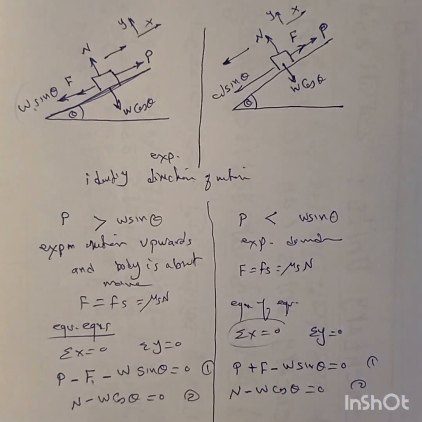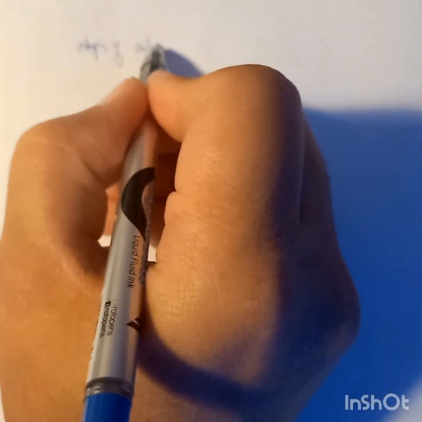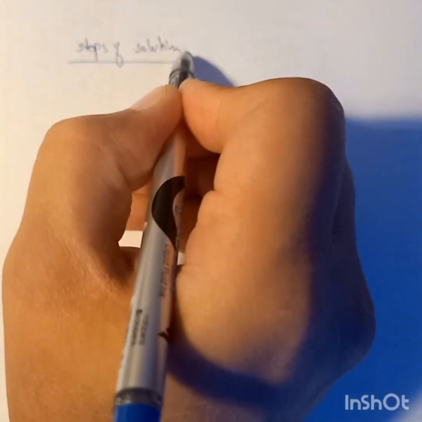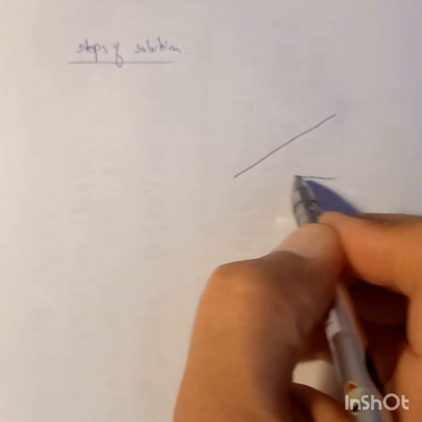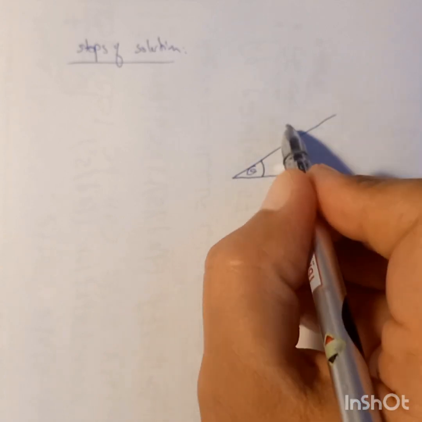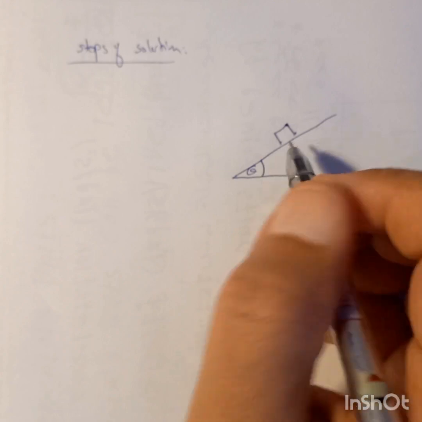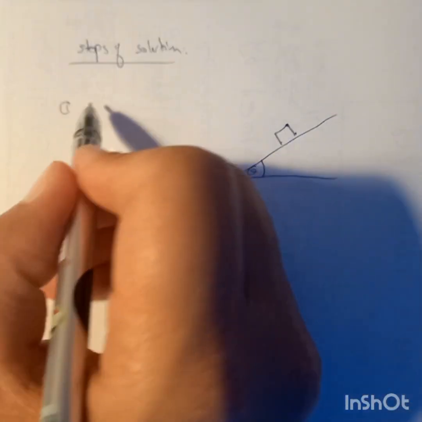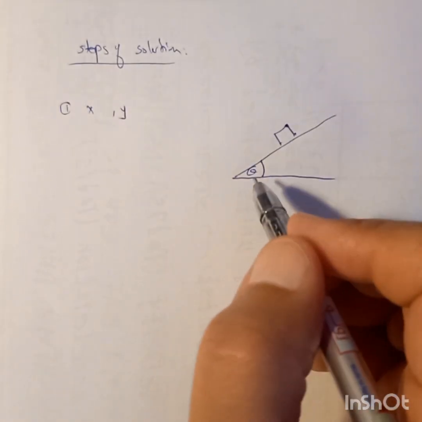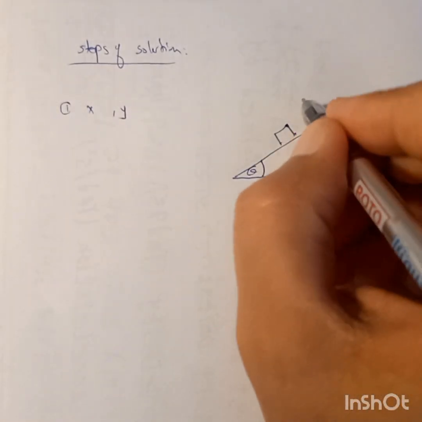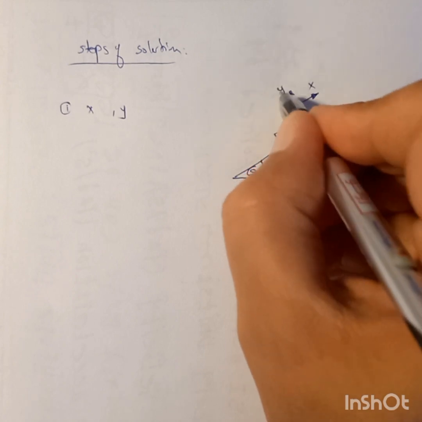Also, the steps of solution are the same as in the horizontal plane. If we have a body placed on an inclined plane, first we have to identify the x and y directions. In this kind of problem, it's preferable to assume this direction is x and this direction is y.